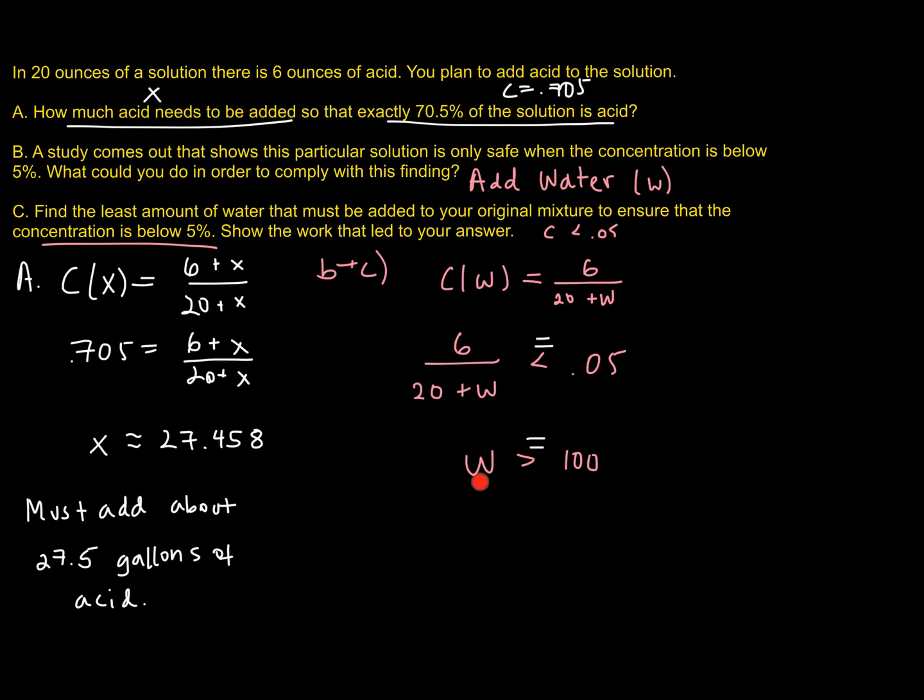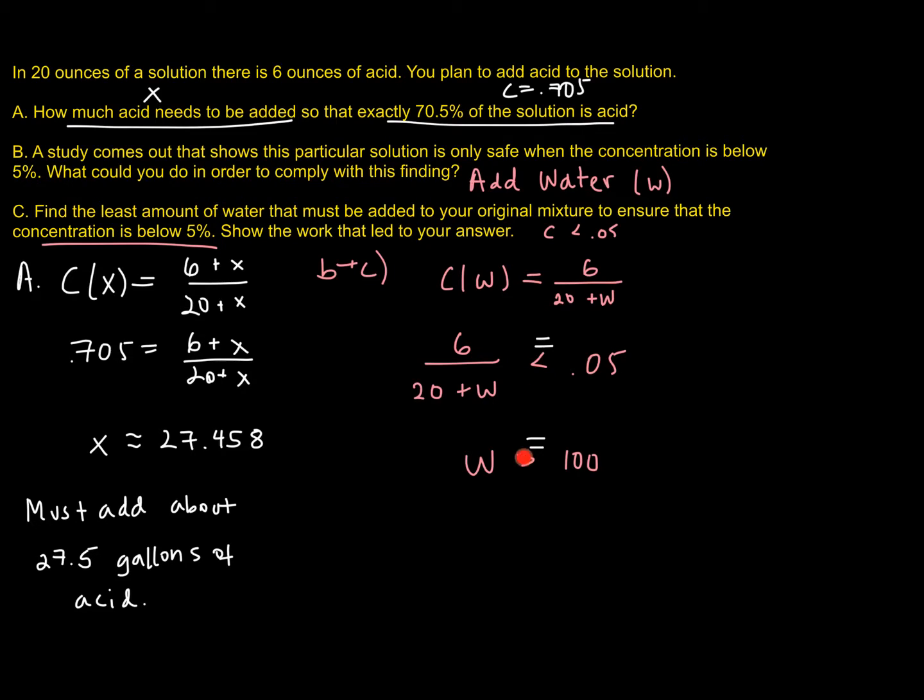I would have gotten that W would have to be equal to 100. That would make the concentration equal to 0.05. But I don't want that. I want it to be below 5%. Well, that means that the amount of water I add has to be greater than 100, because when I increase the amount of water, that decreases the concentration, since I'd be increasing the total amount, or the denominator.